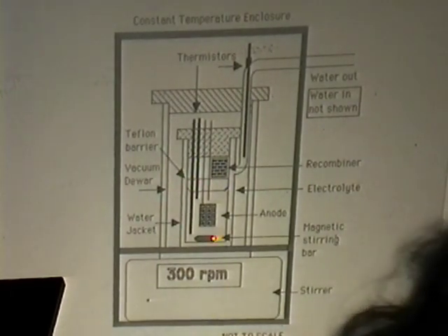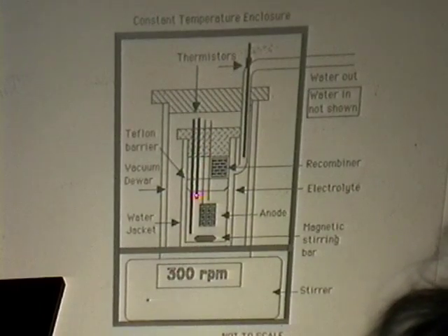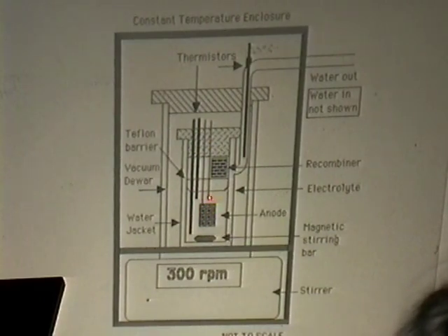Within the electrolyte, there are two thermistors, one at the top of the electrolyte, one at the bottom, and another that's not shown there that's right next to the cathode. These two thermistors are used to measure the average internal temperature, and of course the jacket temperature we know.